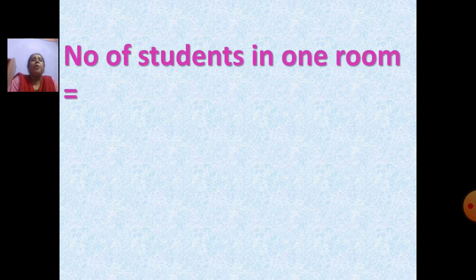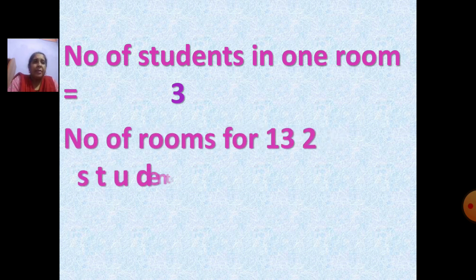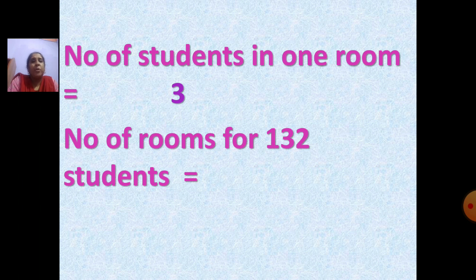Yes, number of students in one room. How many students are there in one room? 3. Now what will be the next statement? Yes, number of rooms for how many students? 132 students. How are you going to find out? 132 divided by 3. Okay.